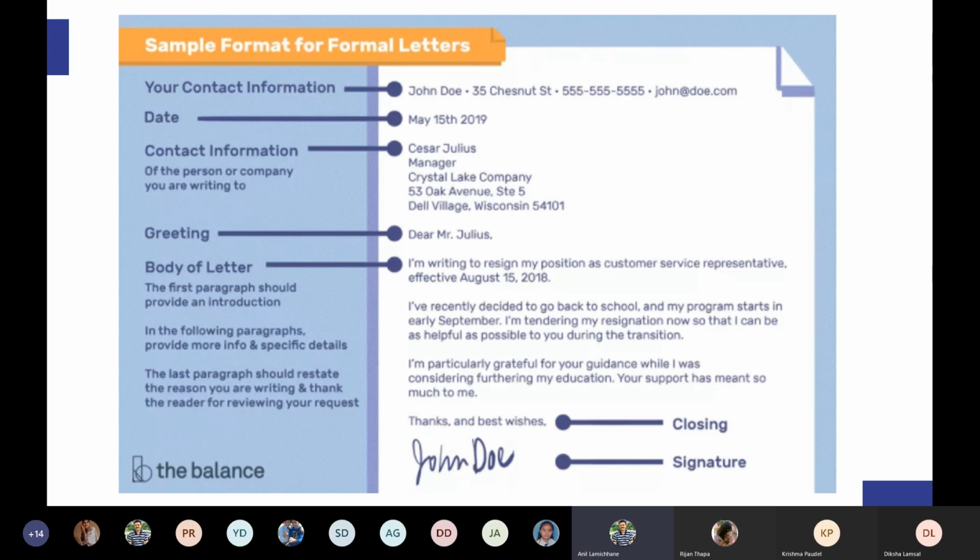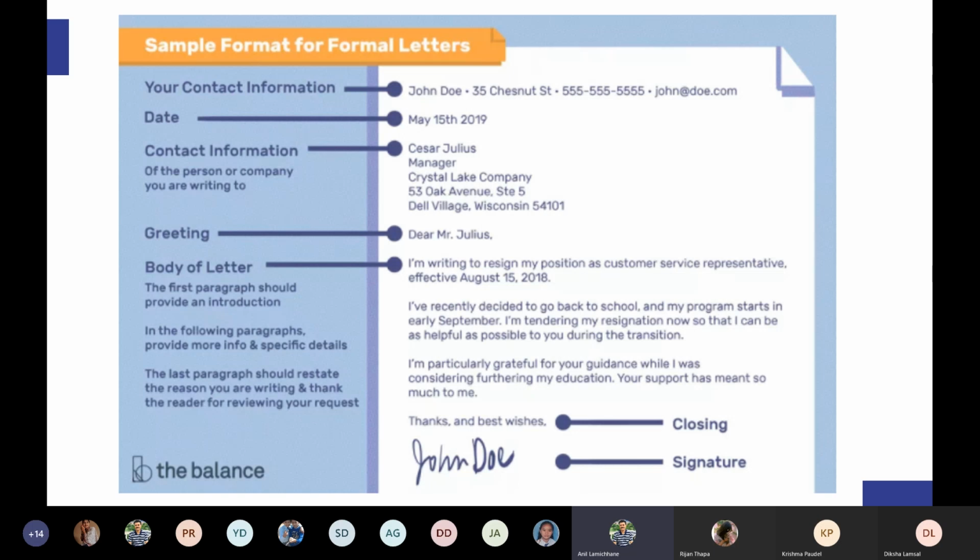In an informal letter we don't add the contact information of the receiver, only our own address. The receiver's contact information we write on the envelope, the superscription. So this is different. Other things, the subject matter, will be totally different, but the rest of the format will be the same.